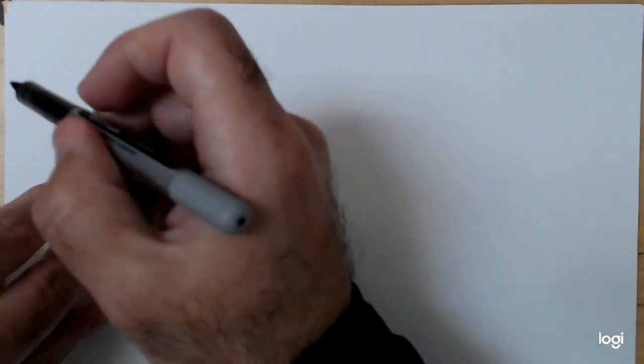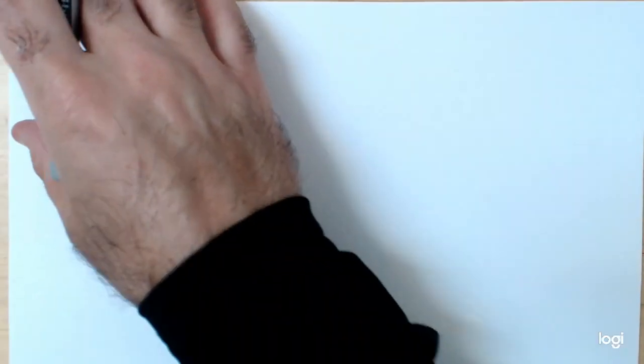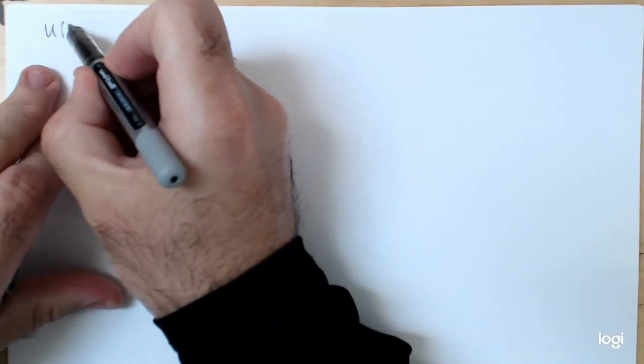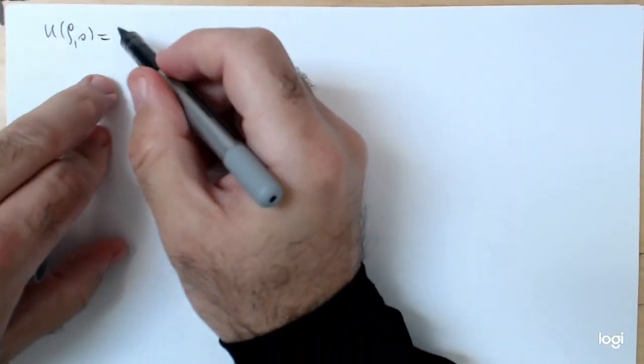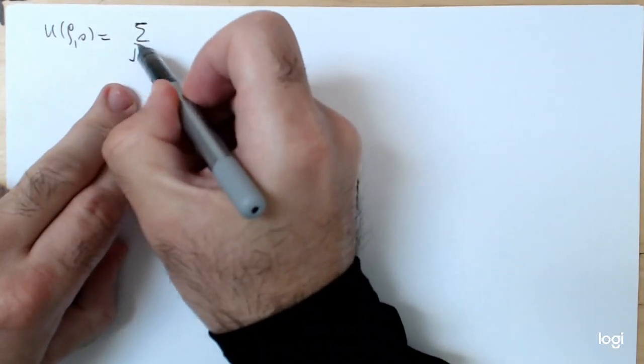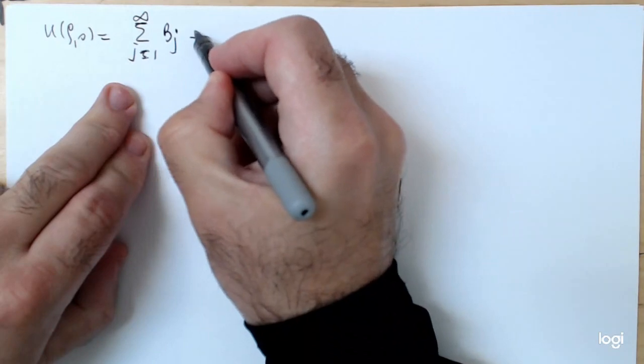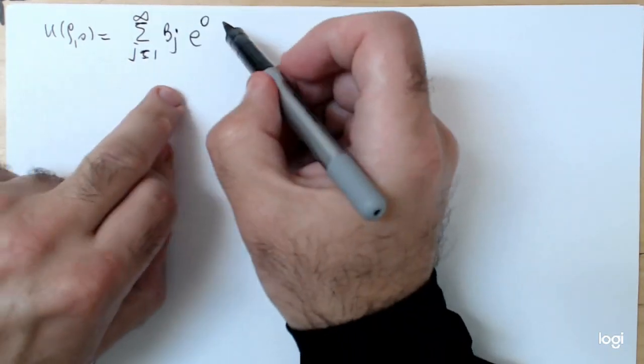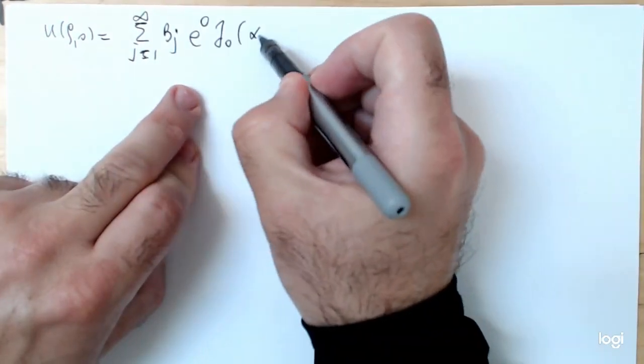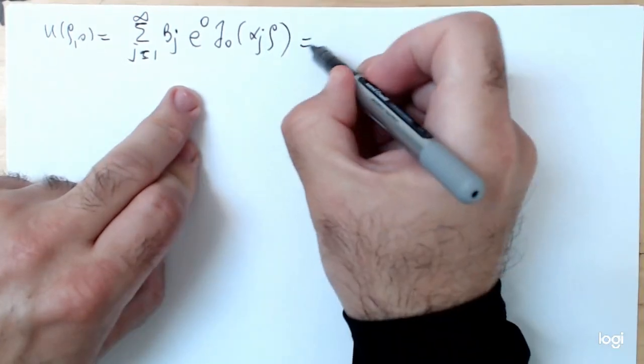And if we plug that into the series format for the solution, u of rho 0 on one hand should be summation from 1 to infinity b_j e to the 0, because z is 0, J naught of alpha j rho, equals 1.